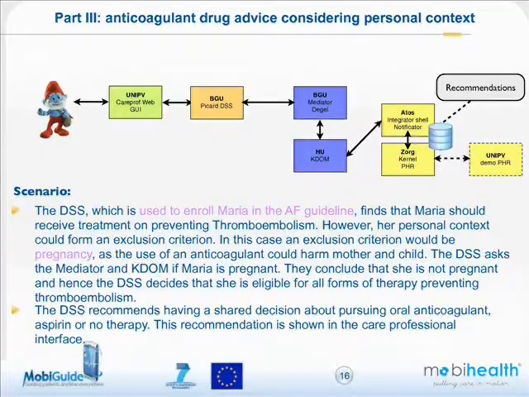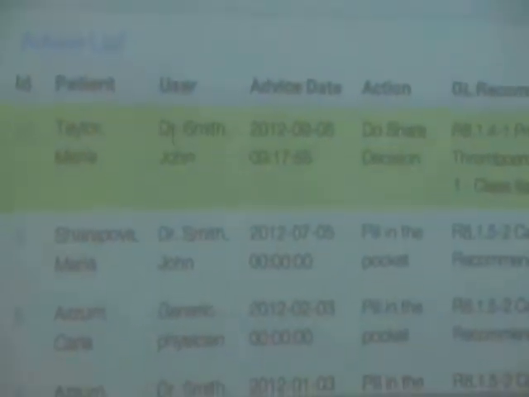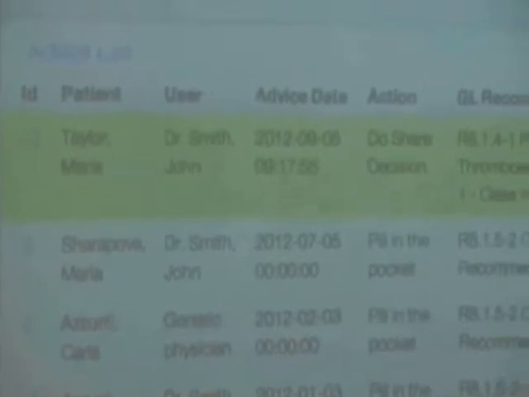When I press OK now, the system will know that Maria accepted the treatment, and the shared decision notification to the caregiver will be generated. And we see that there is a new recommendation, number 11, for Maria Taylor, for Dr. John Smith, please prevent thromboembolism. The physician wants to elicit from the patient the utility coefficient of the atrial fibrillation state.